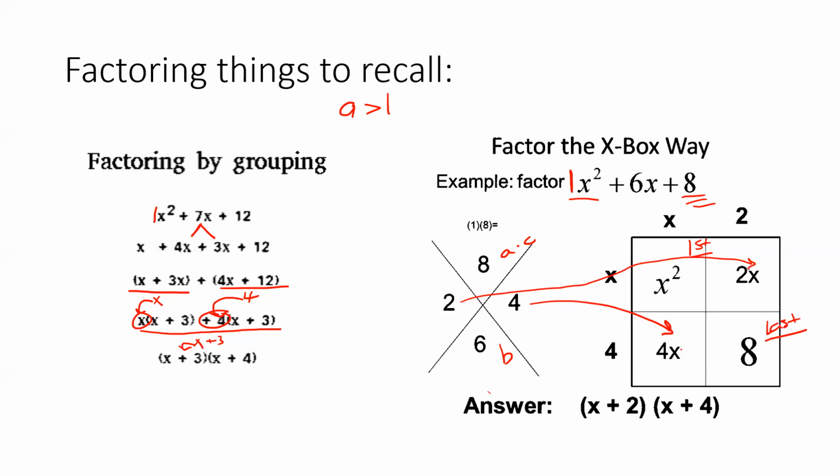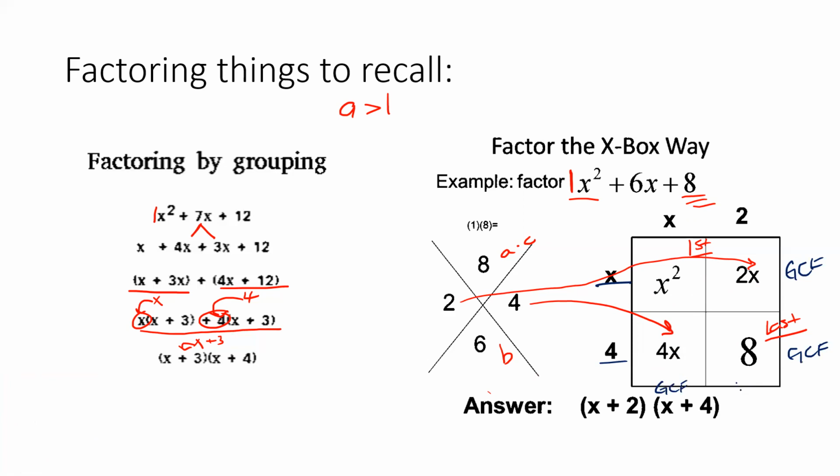Boom. Then once everything is filled in, all you're doing is finding the greatest common factor of each row and each column. So the GCF of this row is x. The GCF of this row is 4. The GCF of this column is x.